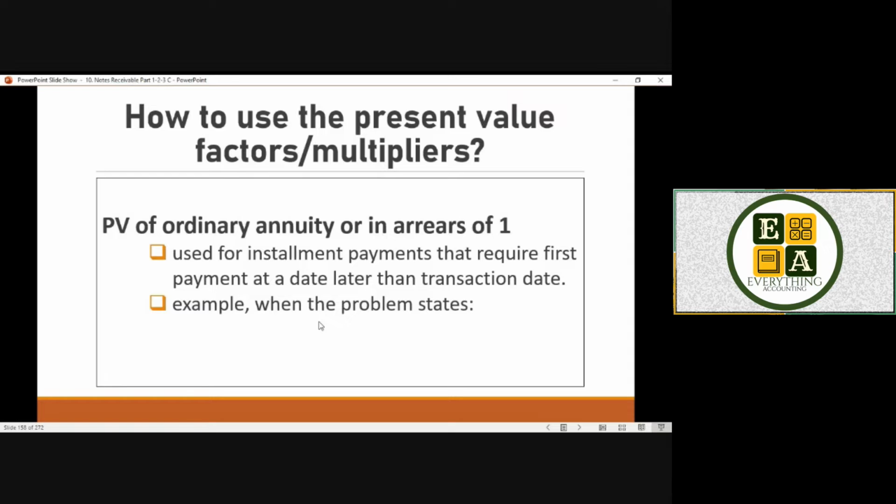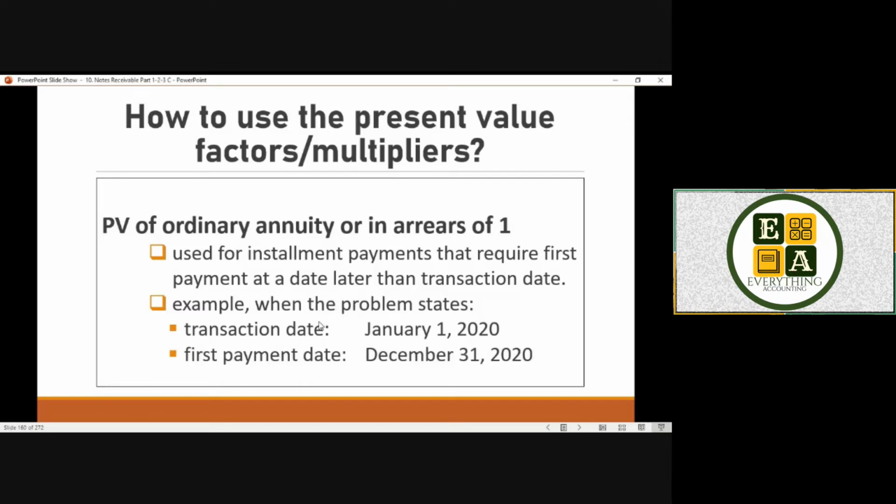Example, if the problem provides that the transaction date is on January 1, 2020, but the first payment date of the installment payments is on December 31, 2020. So to consider if it is ordinary annuity or in arrears of 1, there must be a substantial period of time before the first payment.